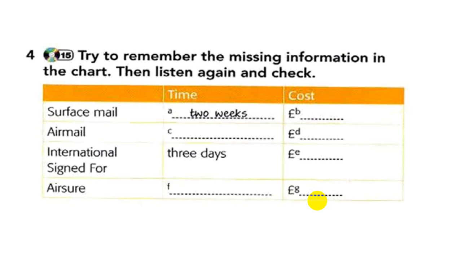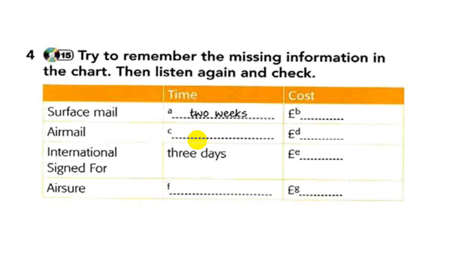Okay, I guess that's enough for the table. You can fill it now. So surface mail, it takes 2 weeks and it costs £5.28. Yes, 5.28. Is that right? Yes, pounds. Airmail, it takes 3 days and costs £5.89.